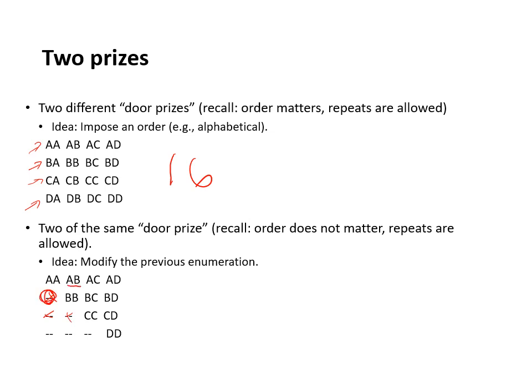Here we had BA, but because order doesn't matter, these two are equivalent, and so we can erase one of them. So we are going to erase all of the ones in this bottom quadrant, and we can count this again. How many do we have? 1, 2, 3, 4, 5, 6, 7, 8, 9, 10. So the main message again here is to make sure to organize yourself when you are enumerating all the possibilities.